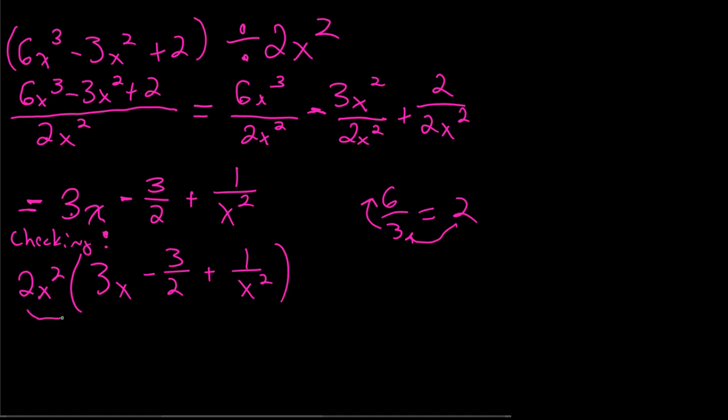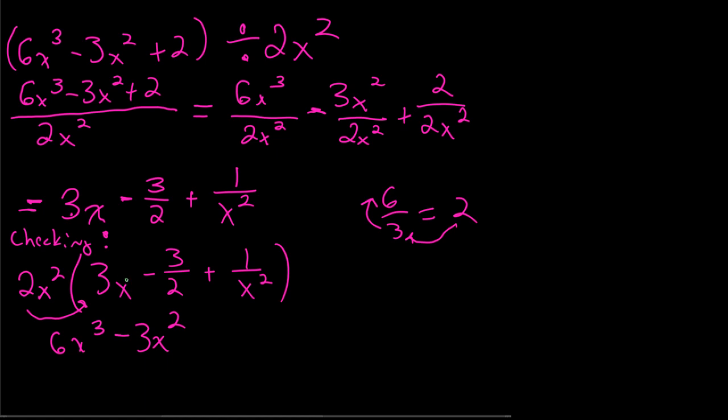So this will multiply by the first term. 2 times 3 is 6, and x times x squared is x cubed. 2 times negative 3 halves, well, the 2's will cancel, leaving negative 3, and then negative 3x squared. So bring each term across.